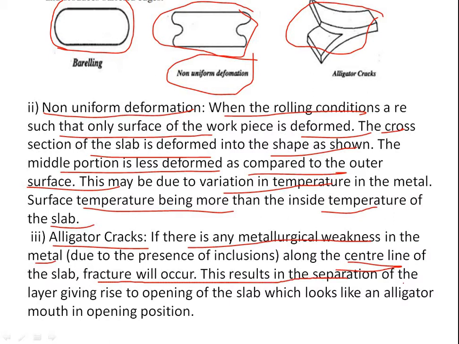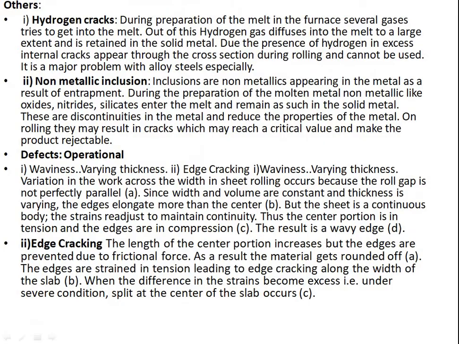This results in separation of the layer, giving rise to opening of the slab, which looks like an alligator mouth in opening position. Alligator mouth in the sense crocodile mouth. You all can see this shape, how it has opened. You all can see the opening of the mouth. It looks similar to the mouth of the alligator or the crocodile, we can say.